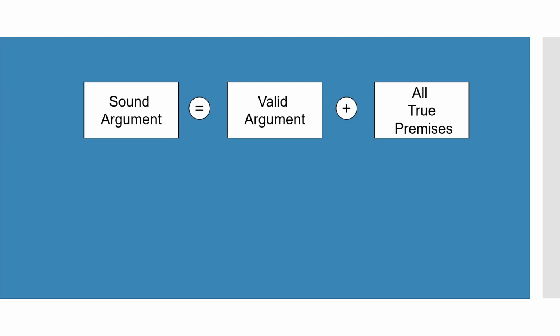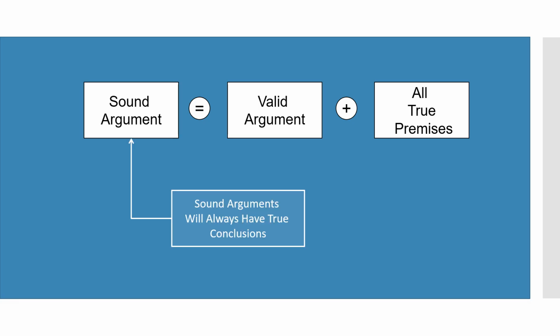And if you think back to this basic formula, one that we looked at quite a bit in Module 1, the end game of a deductive argument is to produce what is called a sound argument. And a sound argument is an argument that is both valid and that has all of the premises as true.